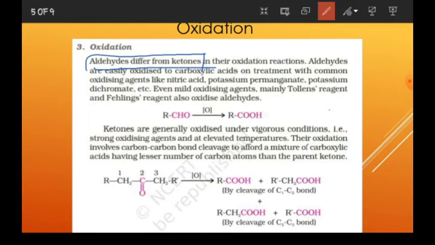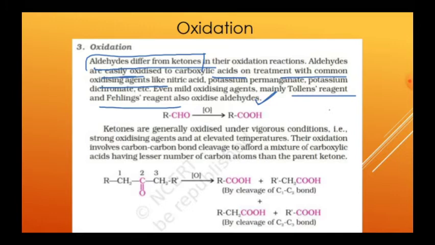Aldehydes are easily oxidized to carboxylic acids on treatment with common oxidizing agents. So many oxidizing agents are mentioned here: nitric acid, potassium permanganate, potassium dichromate, etc. And even mild oxidizing agents like Tollens reagent and Fehling's reagent will oxidize aldehydes.